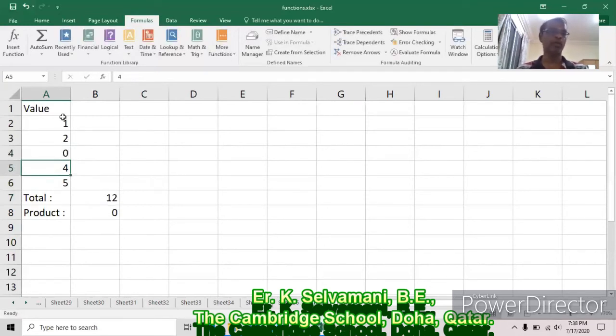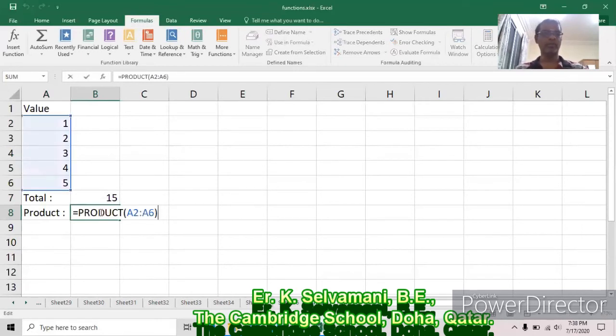See here, 1 plus 2, 3. 3 plus 0, 3. 7, 12 is correct. 1 multiplied by 2, 2. 2 multiplied by 0, 0. 0 multiplied by 4, again 0. 0 multiplied by 5, again 0. Okay. So the product function is used to multiply the values available in the range, and sum is used to add all the numbers available in the range. Equal to sum, equal to product. It's very simple.